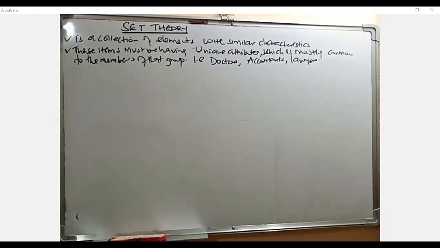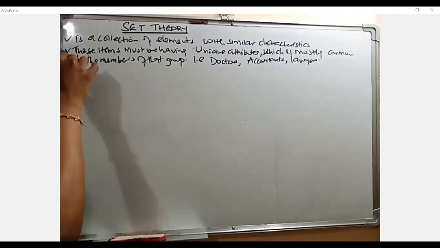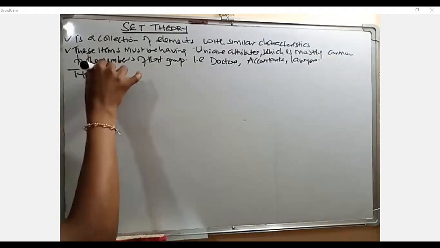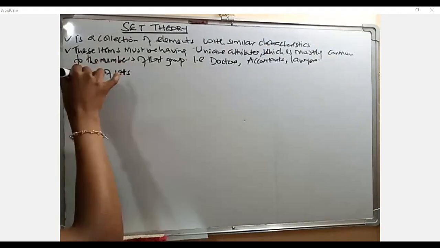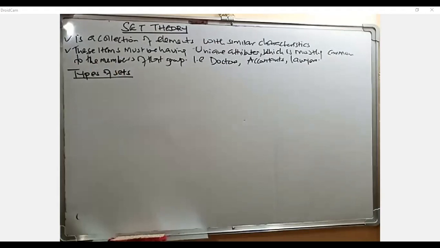The types of sets, you know very well. There are very many, but I just want to list them down here. Types of sets which we are going to be using. Number one, we normally have universal sets.